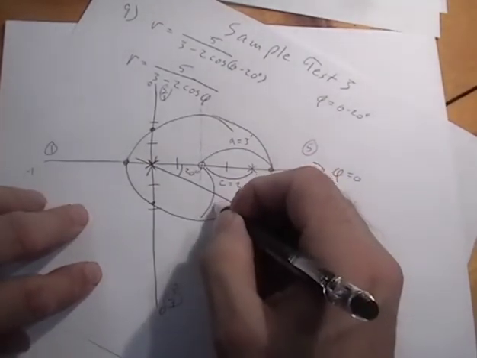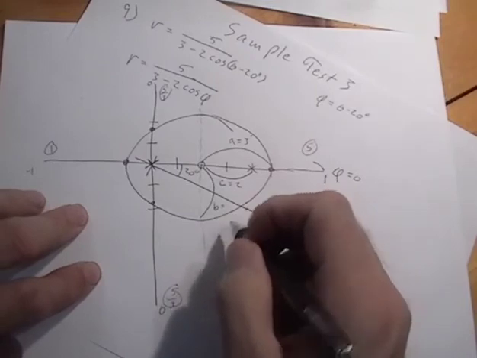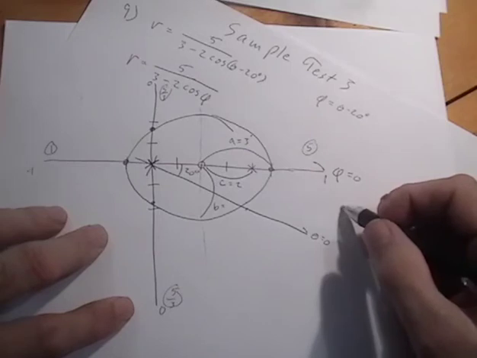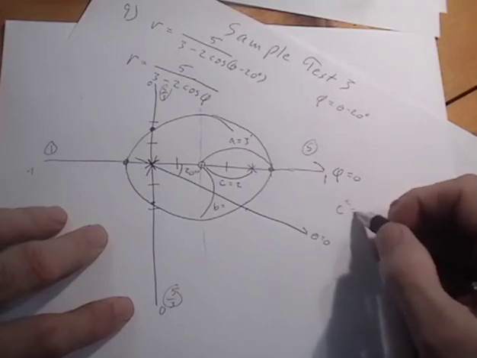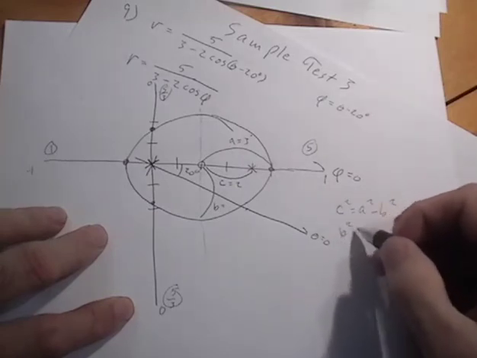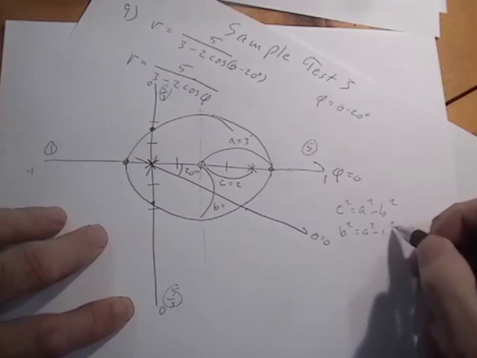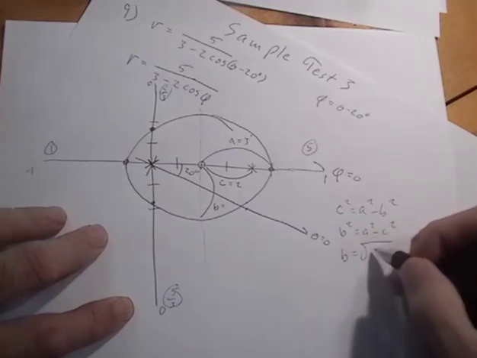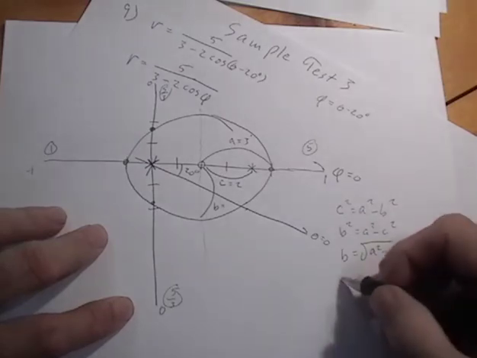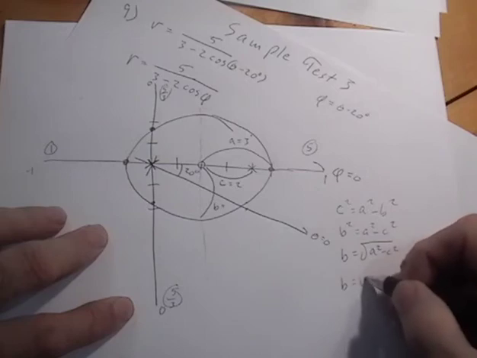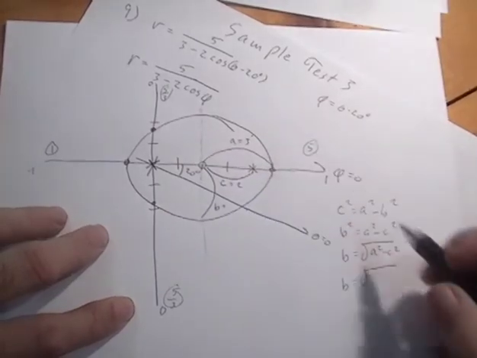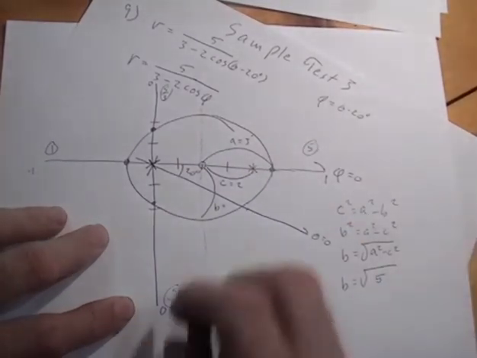Now, in order to figure out what B is, I'm going to need to go back to the fact that with an ellipse, I know that C squared is equal to A squared minus B squared. Now that means that B squared should be A squared minus C squared, and B should be then the square root of A squared minus C squared. In this case, that would make B equal to the square root of 9 minus 4. B would be the square root of 5.